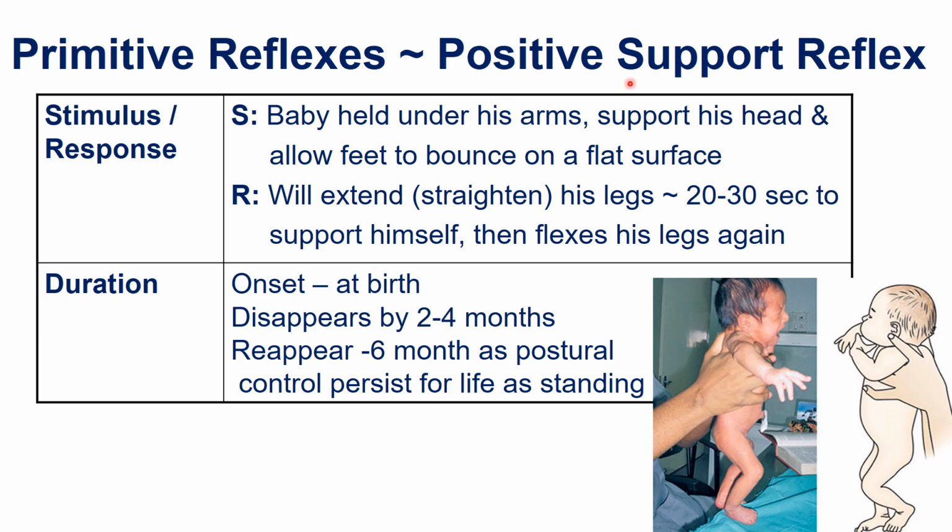Now the positive support reflex. Here the stimulus is the baby held under the arms like this. Support his head and allow the feet to bounce on a flat surface. The response of the baby will be to extend and straighten the legs for 20 to 30 seconds to support himself.